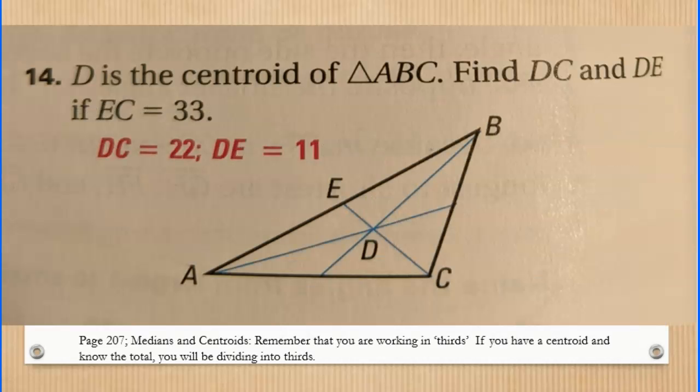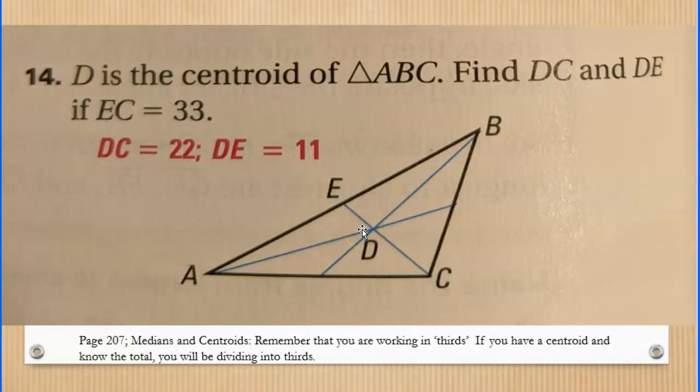All right, the next one is where we're doing the centroid. And so remember, when we have a median coming from the angle to the midpoint of the opposite segment, then we divide this into half. These become congruent. But remember, with all of the angles, then we end up with something in the middle called the centroid.